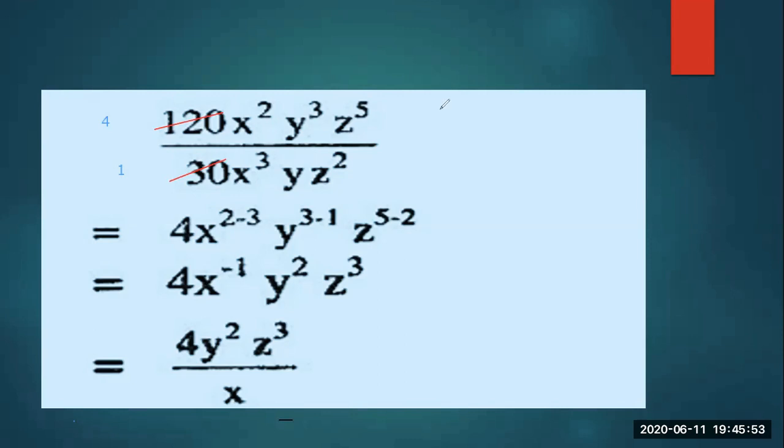So I am considering this as 1. y raised to the power 3 minus 1. The same rule is applicable here. Then z raised to the power 5 minus 2.